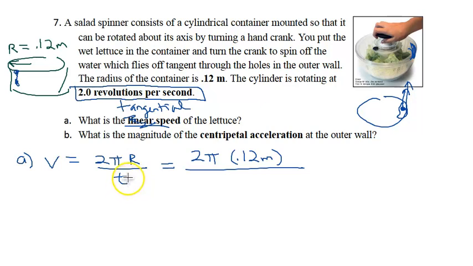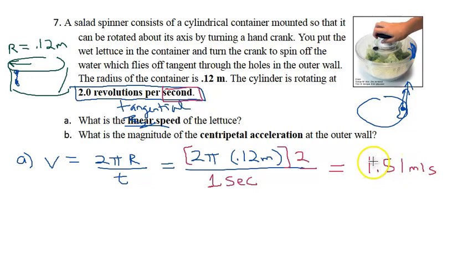But you can think about this as, okay, well, the time I have is 1 second, which means it doesn't do 1 circumference in that time. It does 2 of those. So you're going to take the circumference and double that because that is the distance it travels in 1 second. Then you multiply the numerators and divide by 1. So you get that lettuce is clocking it at 1.501 meters per second. That is the answer to A.